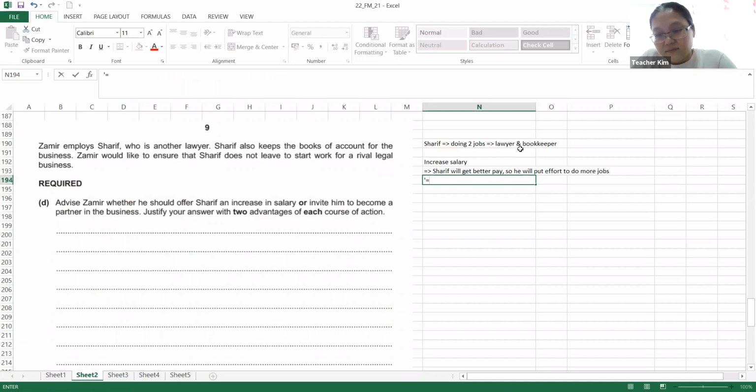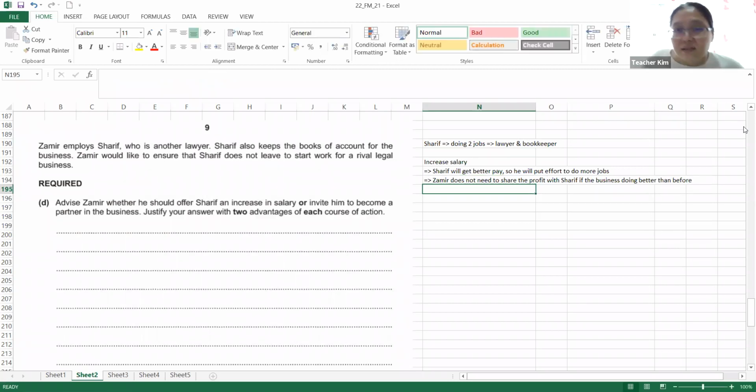For the advantage from Zamir's point of view, Zamir does not need to share the profit with Sharif. If the business does better than before, everything belongs to him. So that is if you increase the salary.